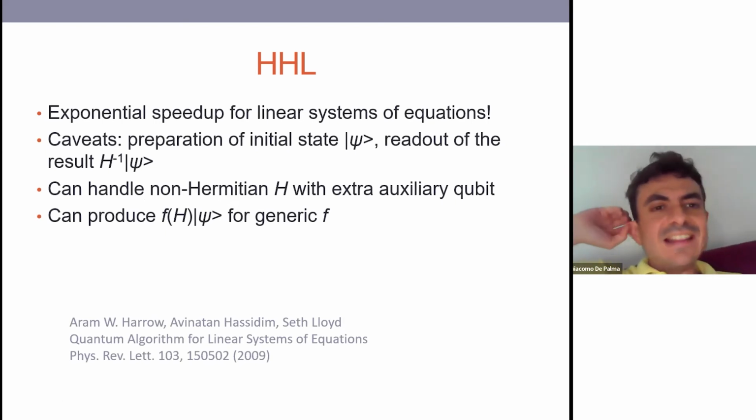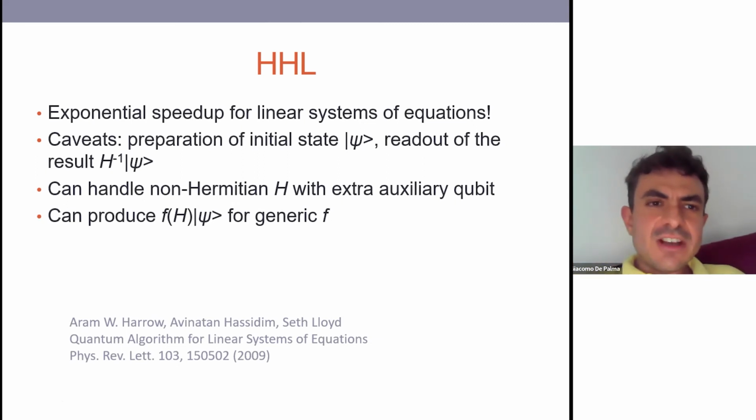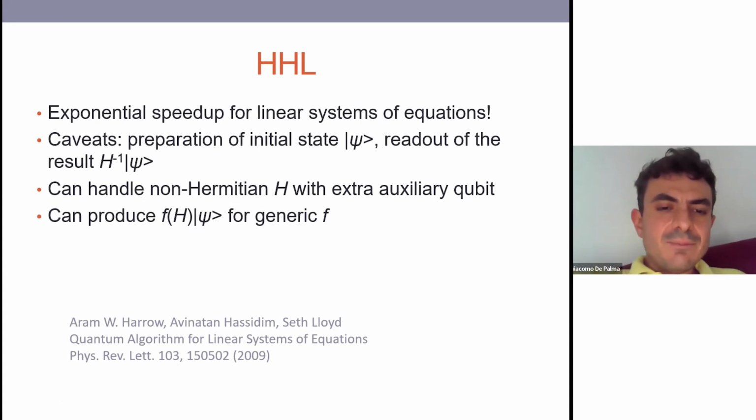So what do we get? The main goal achieved by the HHL algorithm is an exponential speedup to apply the inverse of a matrix to a vector, which can be seen as a way to solve a linear system of equations, because the state H^-1 psi is the unknown state that solves H applied to the state equal to psi. And this is a linear system of equations.